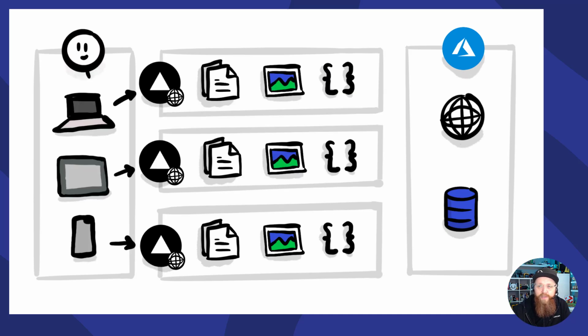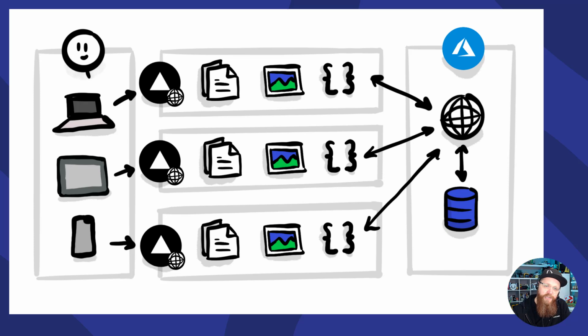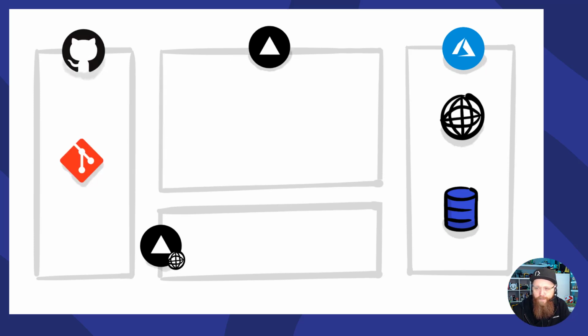And the real beauty of edge network, because it is effectively a CDN, is no matter what device or no matter where our customers are connecting from, they will always use a network that is closest to them, giving them much more performant websites and making things much faster. But we still know that no matter which endpoint or which edge network they're connected to, we can use those functions to communicate with our back office server and maintain all of that interactivity that we need as well.